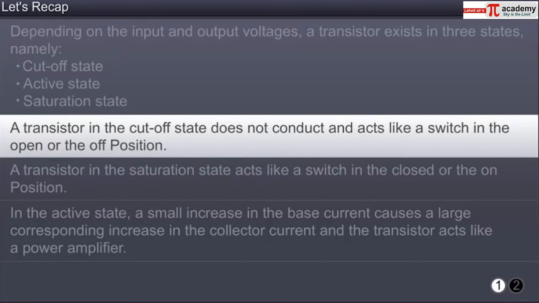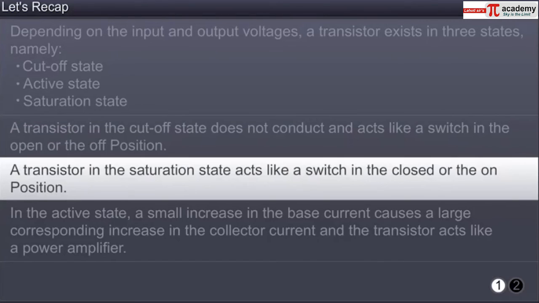A transistor in the cut-off state does not conduct and acts like a switch in the open or the off position. A transistor in the saturation state acts like a switch in the closed or the on position.